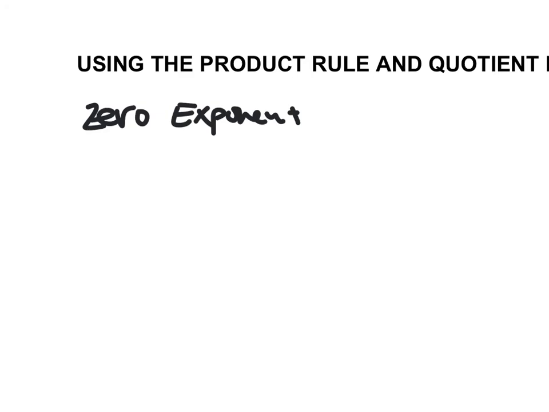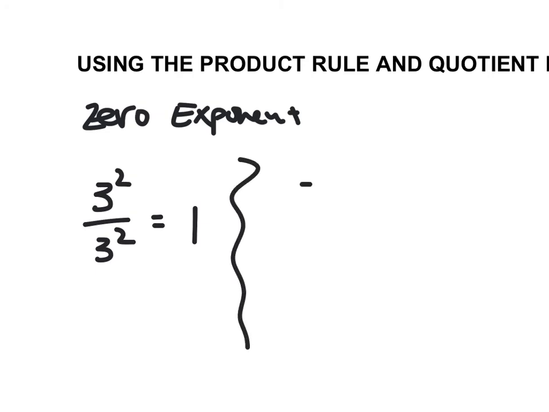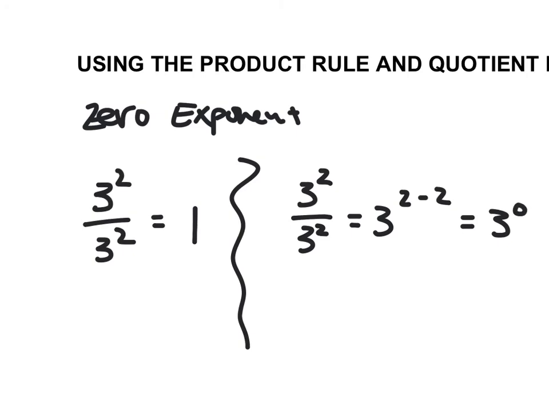But let's say I've got this problem. Let's say I've got, I don't know, 3 squared divided by 3 squared, okay? What you have to think about is something divided by itself is going to give you a value of 1, okay? Now, if I apply my quotient rule and I do 3 squared over 3 squared, and I write that as 3 to the 2 minus 2 power, all of a sudden I get 3 to the 0, okay?